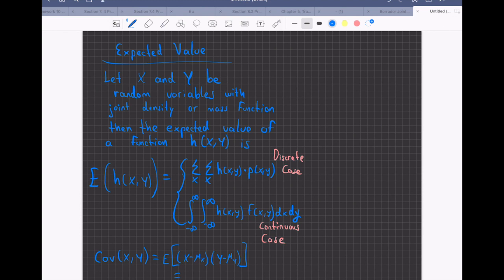And this is going to be equal to the expected value of the product minus the expected value of x times the expected value of y. This is called the covariance.